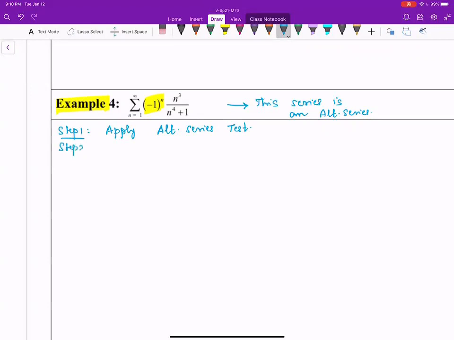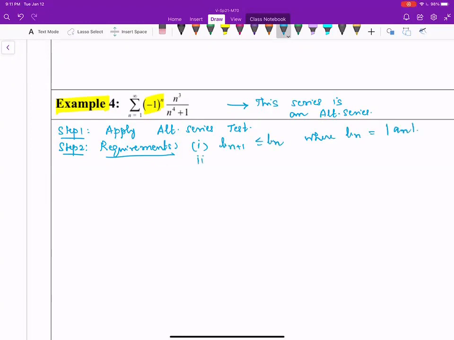The alternating series test has some requirements. So we have to show that b_(n+1) is less than or equal to b_n, which means that the sequence is decreasing, where b_n is the absolute value of a_n, the positive part of a_n.